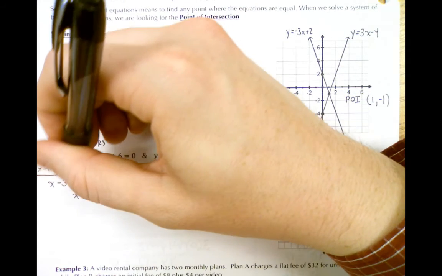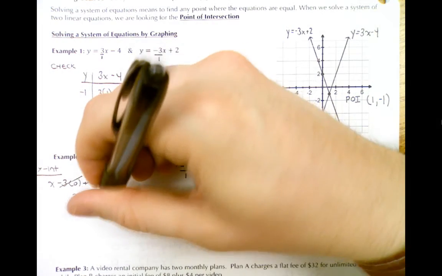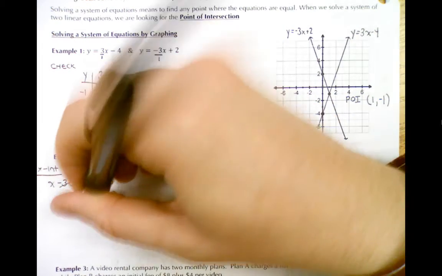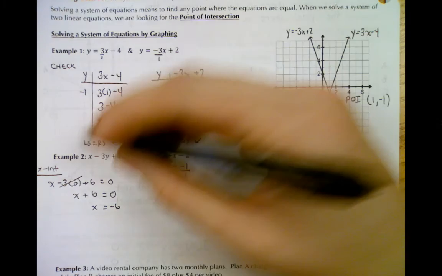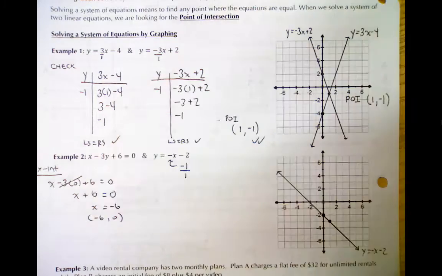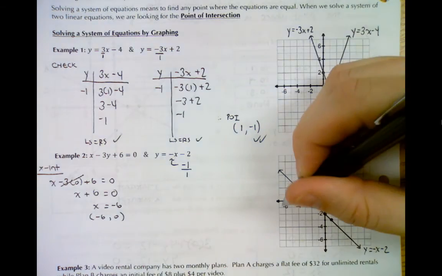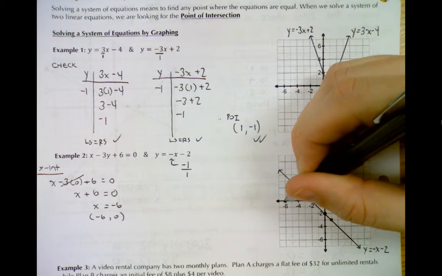So putting the 0 in for y eliminated that term, and we're just left with x plus 6. Move the 6 to the other side, and we get x equals negative 6. Which means that the x-intercept is negative 6, 0. So on our graph, for x-intercept, we got negative 6, 0.